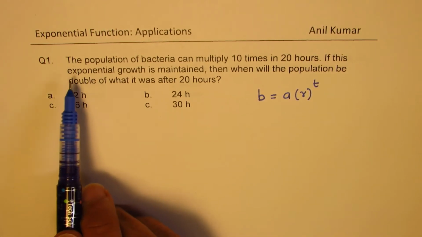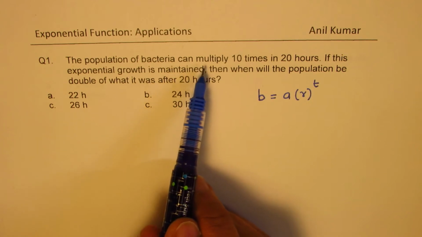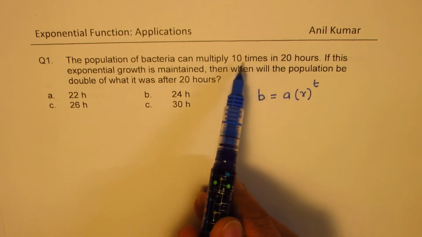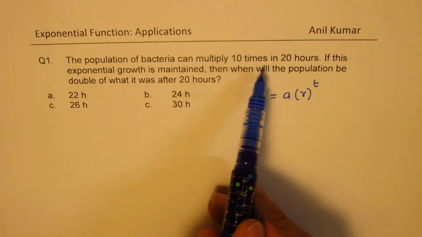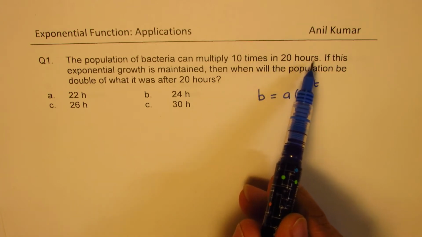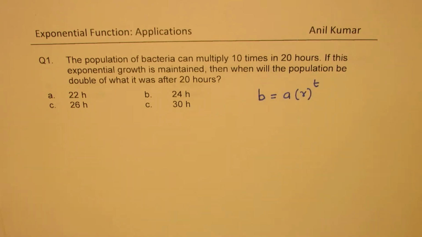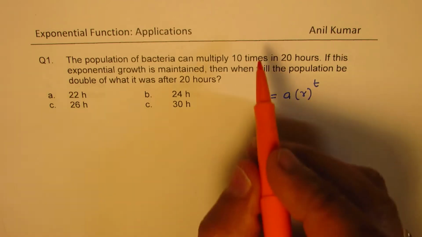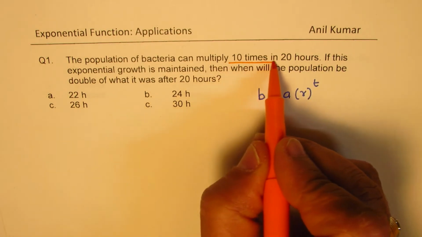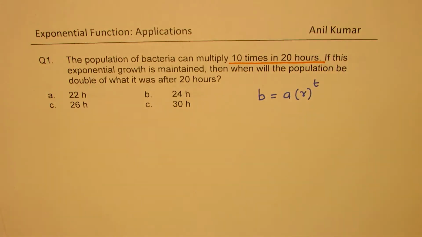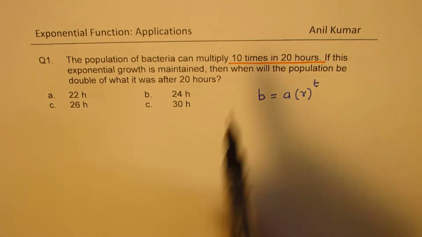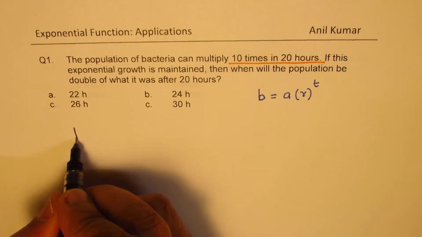So once again, the population of bacteria can multiply 10 times in 20 hours. So this is the multiplication factor, 10 times in 20 hours. Now, how could you rewrite your equation to incorporate this? So we could write like this.